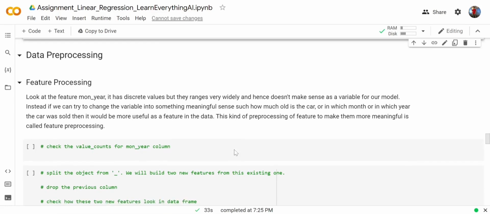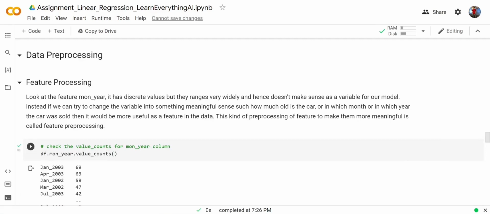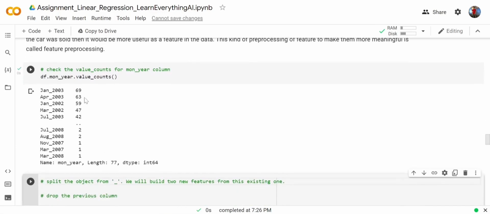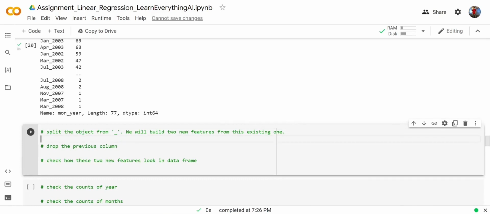So let us check the value counts for the month year column. So yeah, we can see that January 2003 has 69 entries, April 2003 has 63 entries, and so on.